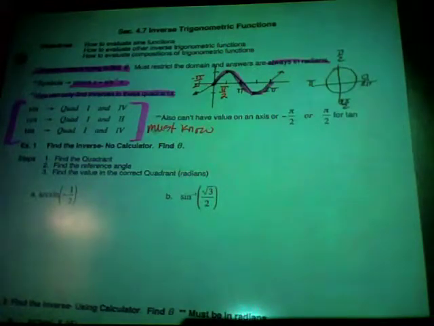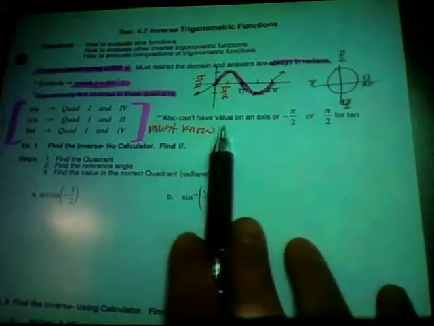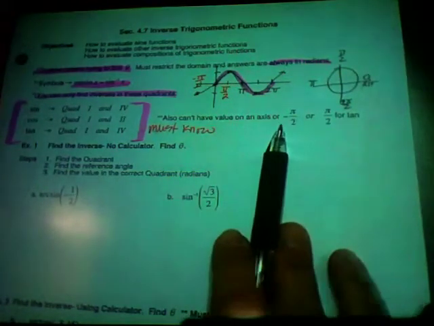So we have restrictions, and it's saying here, you also can't have a value on an axis from -pi over 2 or pi over 2 for tangent. What is tangent again? Sine over cosine. Okay? And cosine's in the denominator, right?